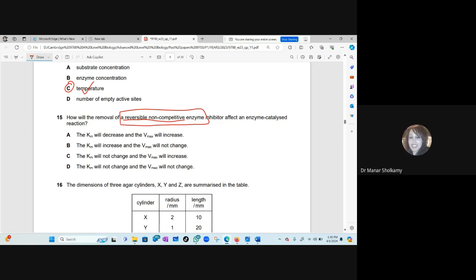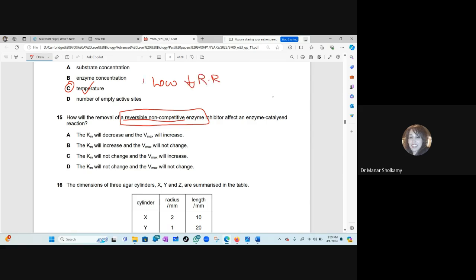What does it do to the initial reaction rate and the Michaelis constant and the Vmax? Remember the table? What does it do to the initial reaction rate? Inhibitors, both slow it down. So lower initial reaction rate.